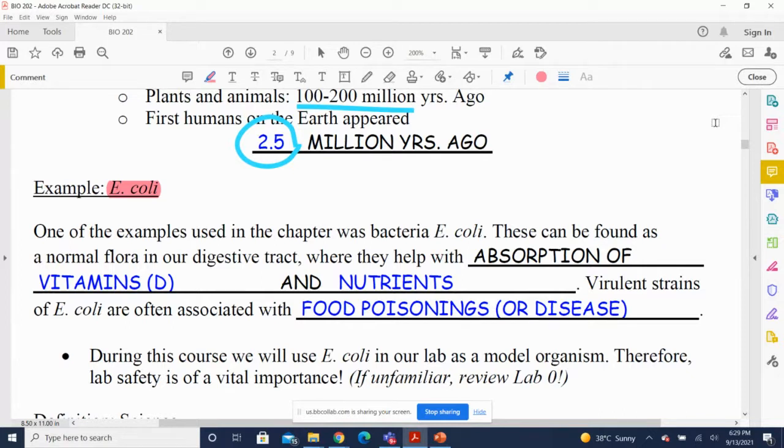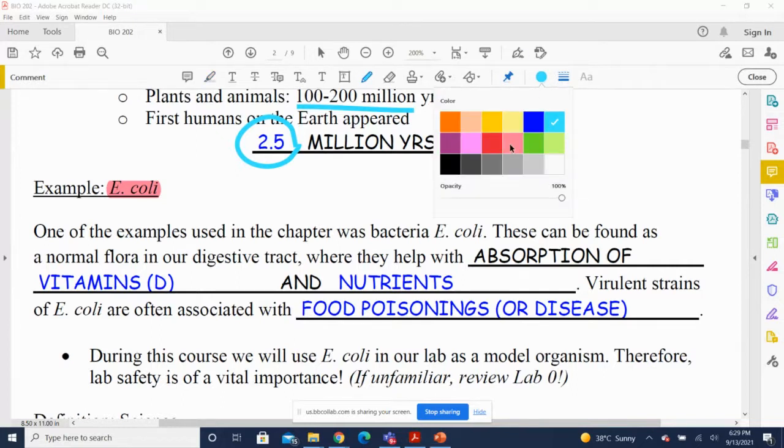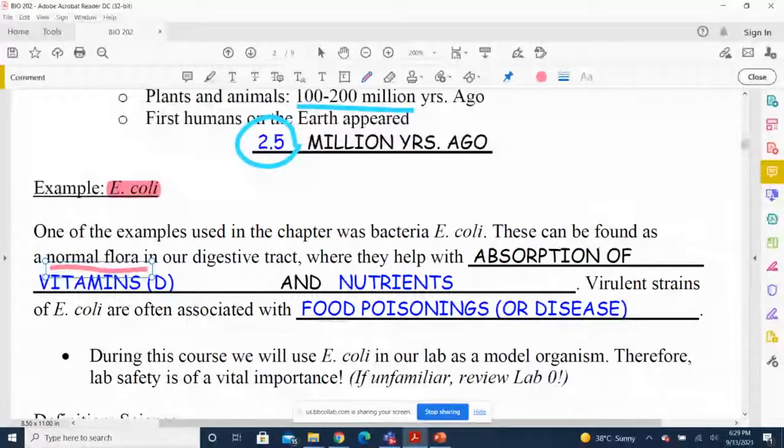So there's a lot of normal flora, normal bacteria that we should have present in the body and that we rely on. But of course, I think many of us think first of the disease outbreaks that happen and that are associated with E. coli.